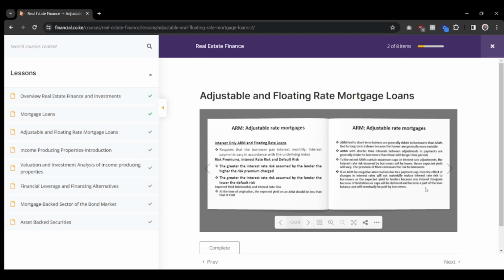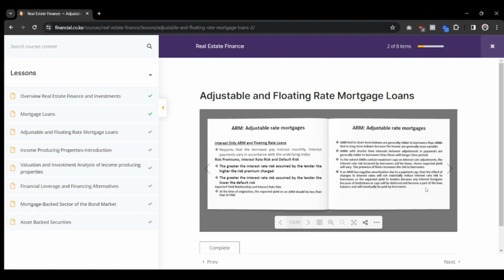The expected yield relationship and the interest rate risk. At the time of origination, the expected yield on an adjustable rate mortgage should be less than that of a fixed rate mortgage. The adjustable rate mortgages tied to short-term indexes are generally riskier to borrowers than adjustable rate mortgages tied to long-term indexes because the former are generally more variable.